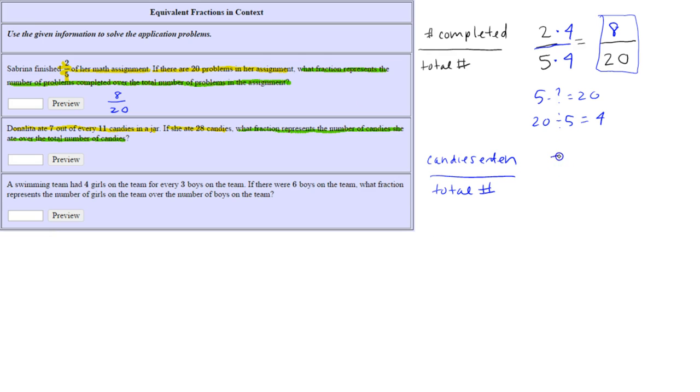So we know we have 7 out of 11, but here the given information is that she ate 28. So that's our numerator, because that's where the number of candies she ate goes. In the last problem, they gave us the total number of problems in the assignment, which was the whole. Here they gave us the part compared to the total number of candies.